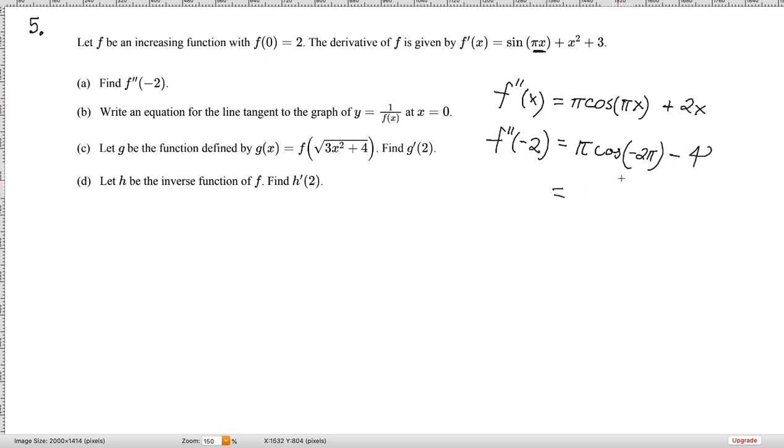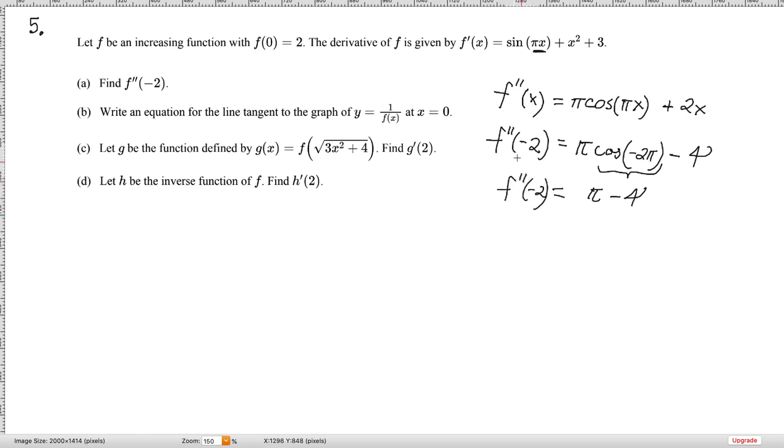What you need to see is that cosine of negative 2 pi, that's cosine of negative 360, so it's going around the full circle once. The cosine value is the x value on that unit circle, so cosine of negative 2 pi is going to be 1, because the x value is 1 there, so it's going to be pi minus 4 as f double prime of negative 2.